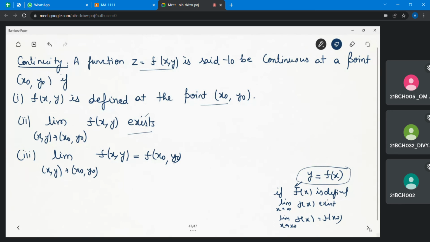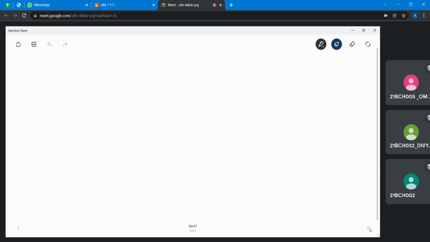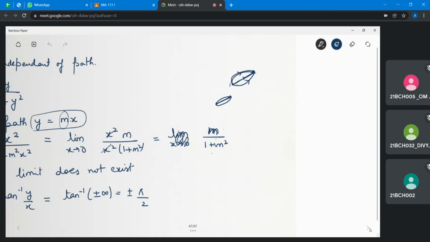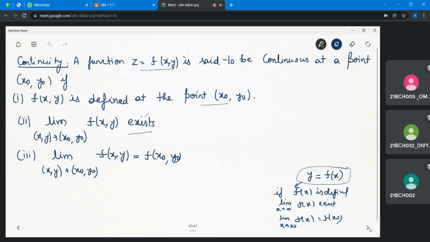Now see, actually I am not spending much time on giving problems on the limits and continuity. We will do that, but since we have only a few lectures left before the mid-semester, and there are more important topics left which I have to cover. So I will come back to the problems of limit and continuity again, but I want to start the partial derivative.